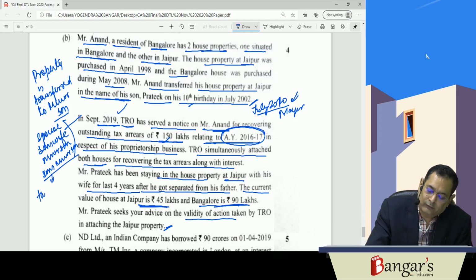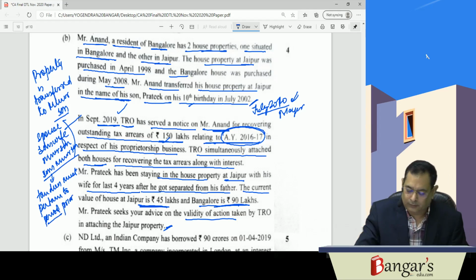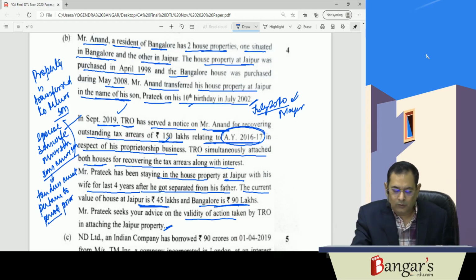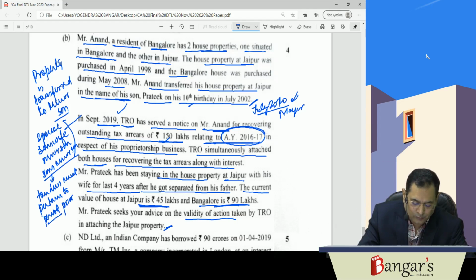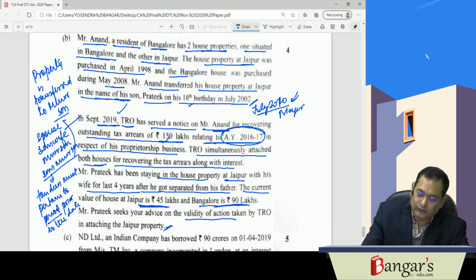But the important aspect is what? The tax dues must pertain to the period prior to the date of attainment of majority.